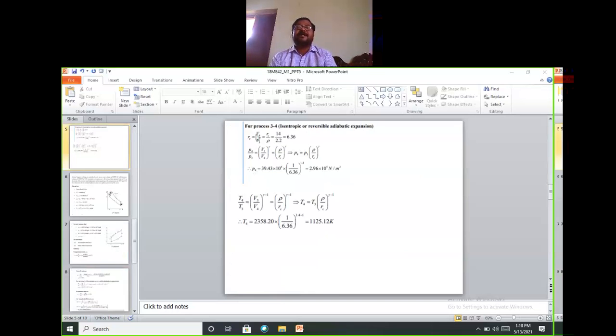Process 3 to 4: r is equal to V4 by V3, so r by rho, 14 divided by 2.2. Here you calculate P4. In a similar manner, whatever you calculated previously using the isentropic equations, as I said, T1 by T2 is equal to P1 by P2 raised to the power of gamma minus 1 by gamma, is equal to V2 by V1 raised to the power of gamma minus 1.